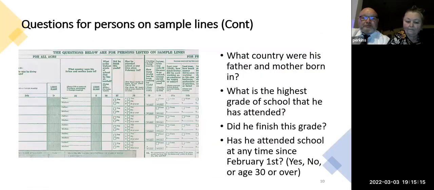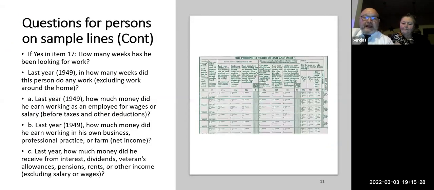It also asks the nationality of the father, how much schooling the person has had, whether they finished school, and so forth. And then it asks employment information: how much they worked, what they earned, and so forth about the individual.